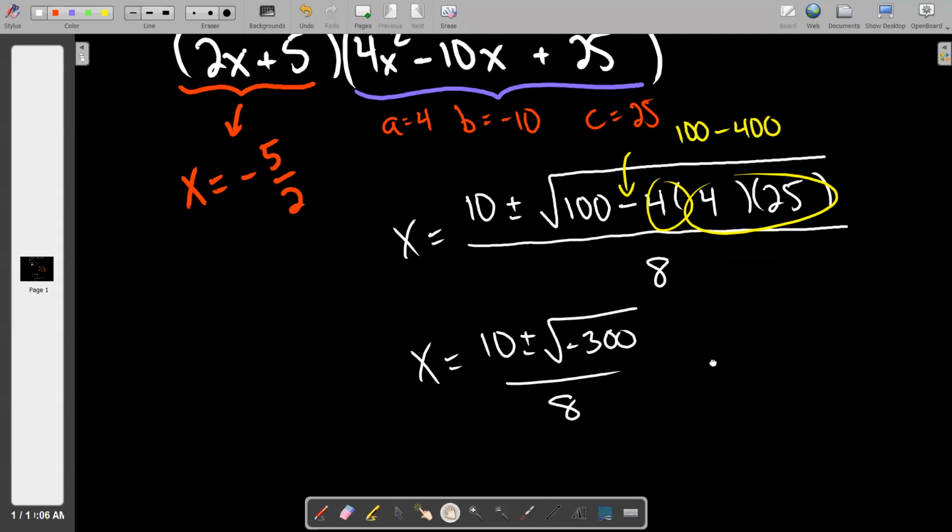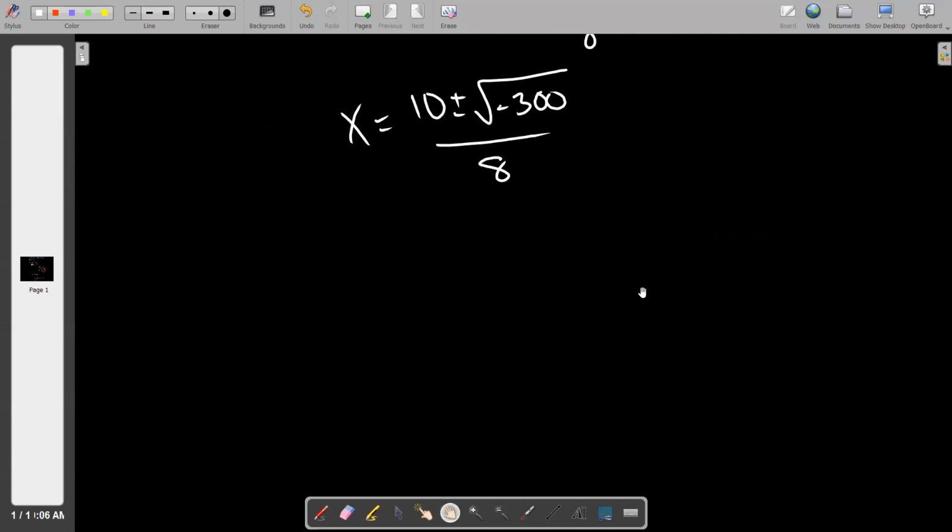And we've been practicing this now for a couple of days. We should not feel okay with that. What do you do with a negative 300? Yeah, that's perfect work back there. So remember, you break him off to the side here. You break him into the square root of negative 1 times 100 times 3. And the 100 is the gold mine there. That's where we get our big jailbreak out of.